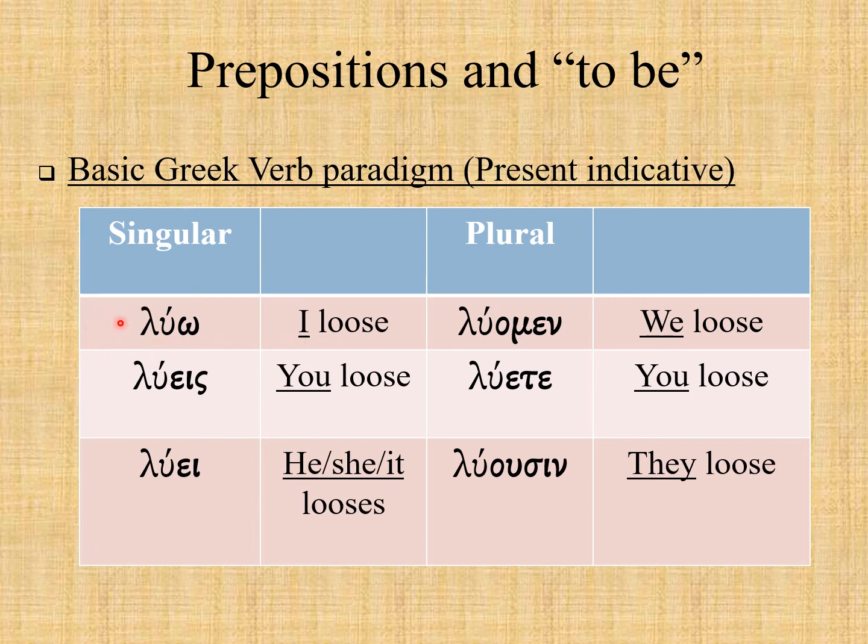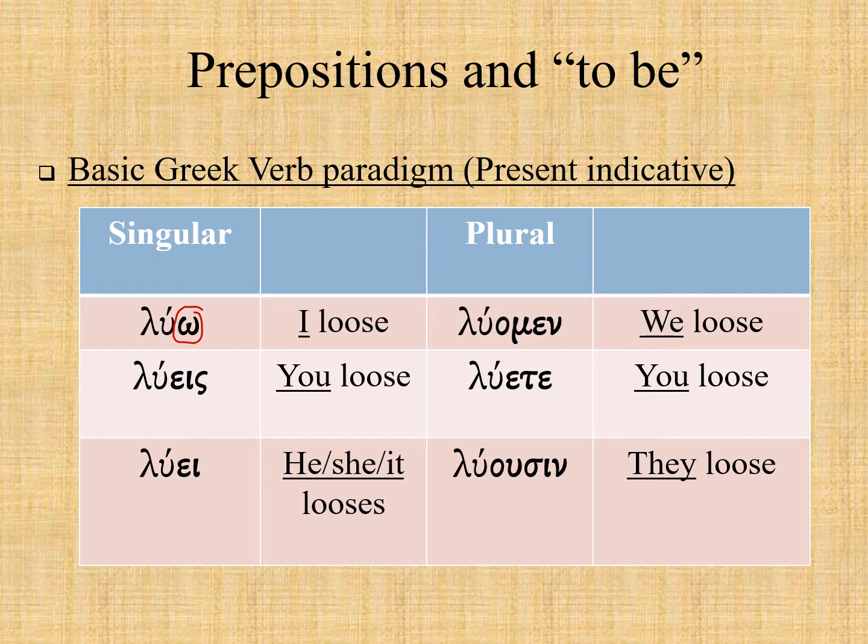Notice there's no personal pronoun here, which you see in English, I. It just has the verb luo, and as in Spanish and Portuguese and many other languages, the pronoun is embedded in the verb. The omega indicates that this is first person singular, meaning that it is I who is doing the losing.